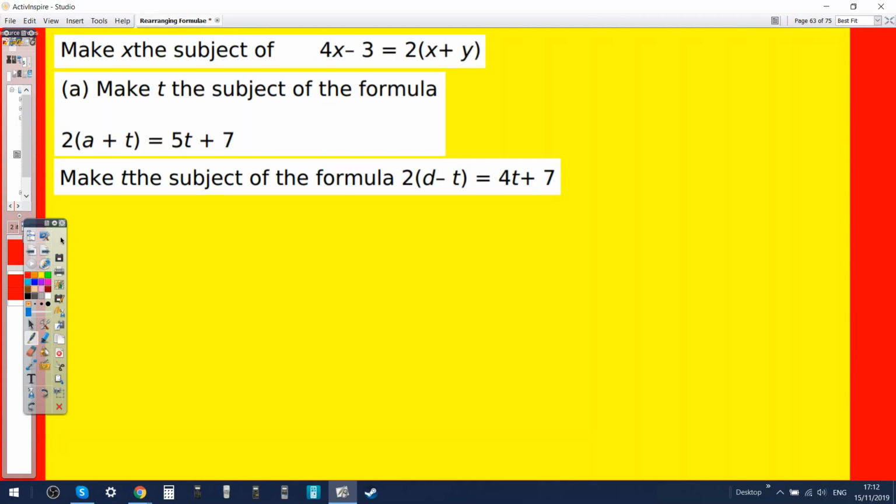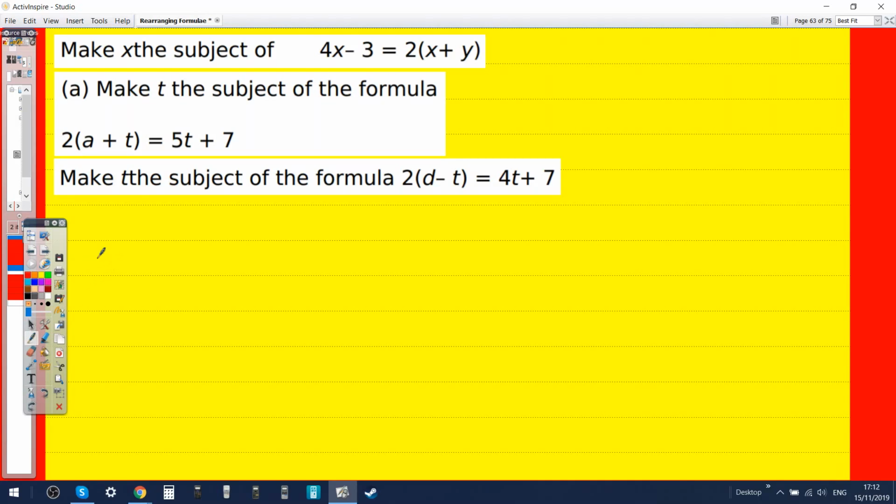Make t the subject. Let me think about this. Yeah, okay. How would you do the bottom one? Make t the subject of the formula. I multiply out the bracket first. So 2d minus 2t equals 40 plus 7.